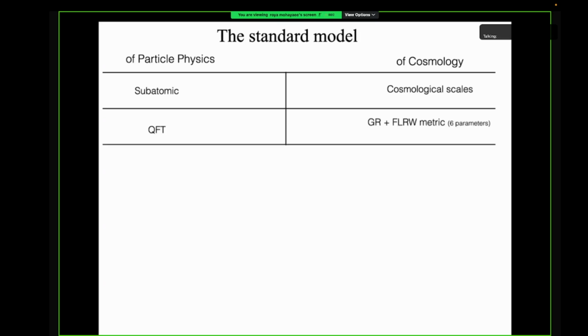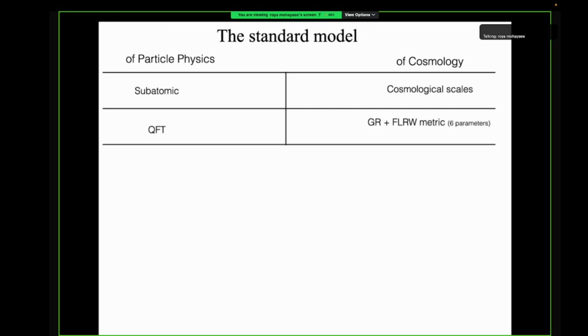The standard model of particle physics is based on quantum field theory and gauge symmetries. The standard model of cosmology, on the other hand, is basically using gravity, the only force that we consider in cosmology. And it's not just general relativity, it's really using the Friedmann-Lemaître-Robertson-Walker metric. Not only that, it is using a special combination of parameters and growth rate.